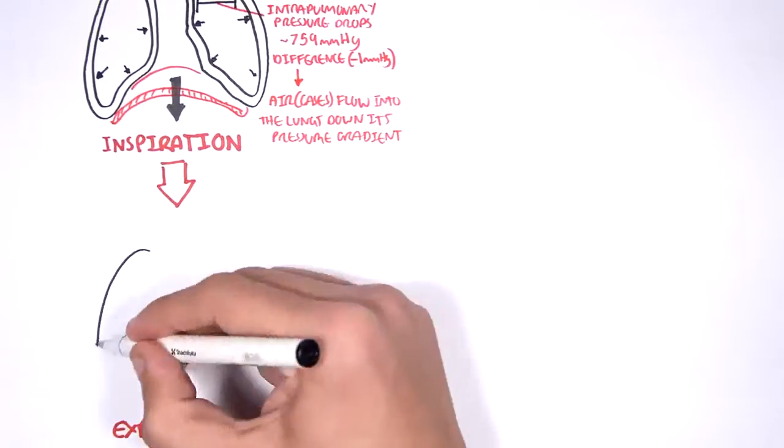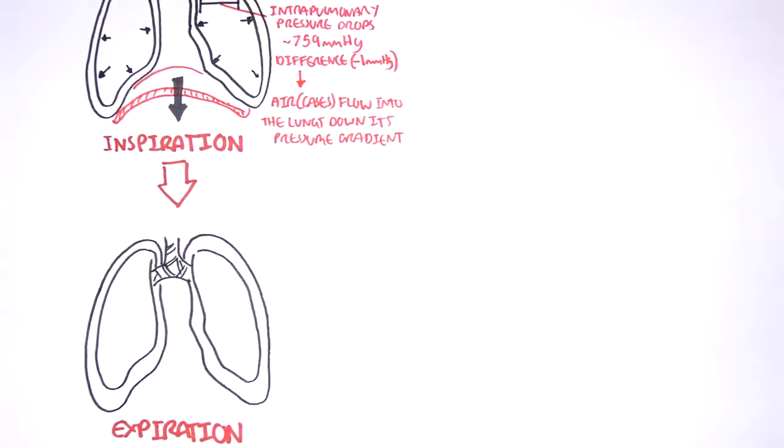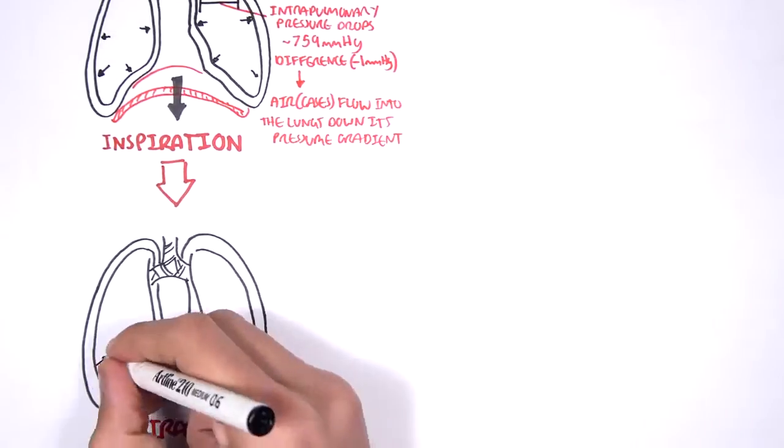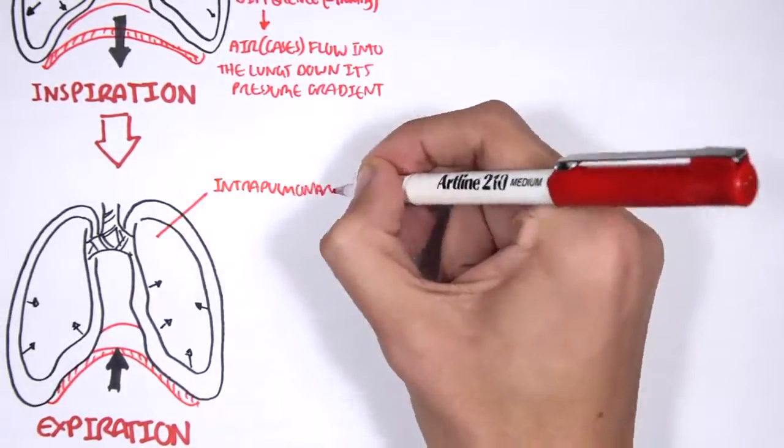What happens here is that the intercostal muscles and the diaphragm muscle will relax. The diaphragm will move back up to its original place, and this will cause the intrapulmonary volume to decrease again.